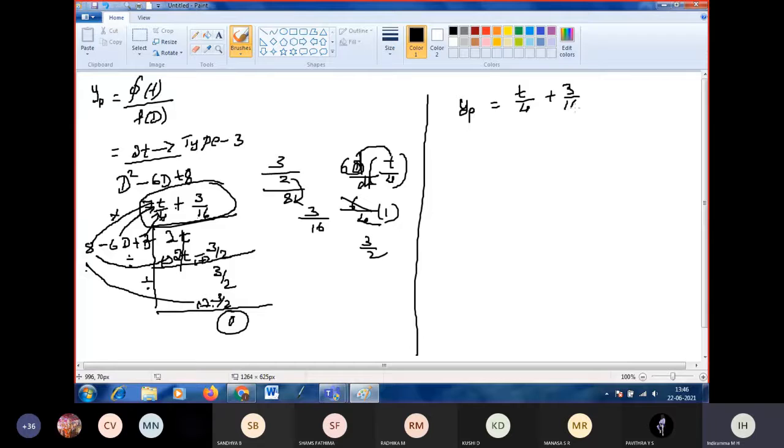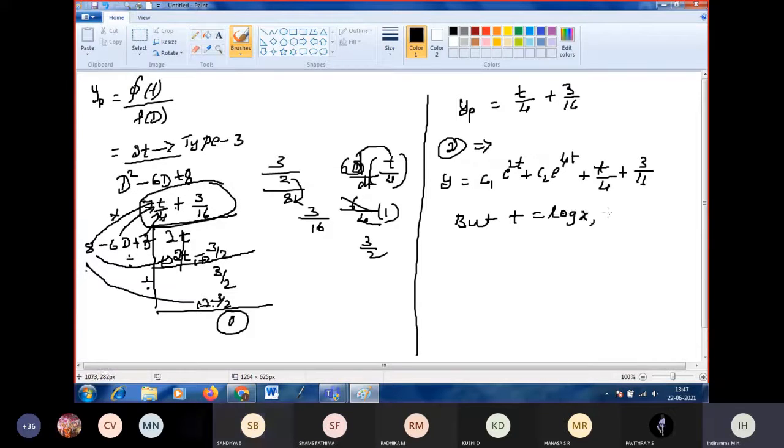Substitute yc and yp in equation 2. What is yc we got? C1 e power 2t plus C2 e power 4t. Then yp is t by 4 plus 3 by 16. But what is t? t is log x.